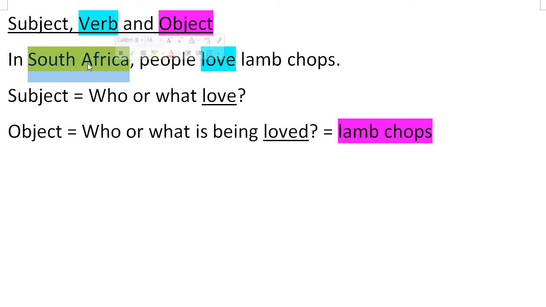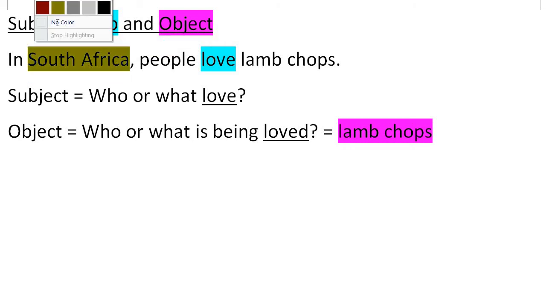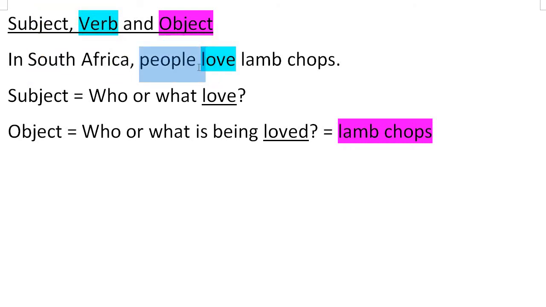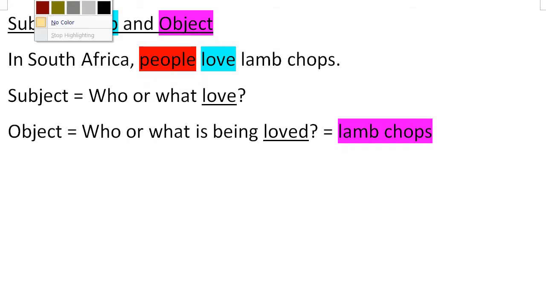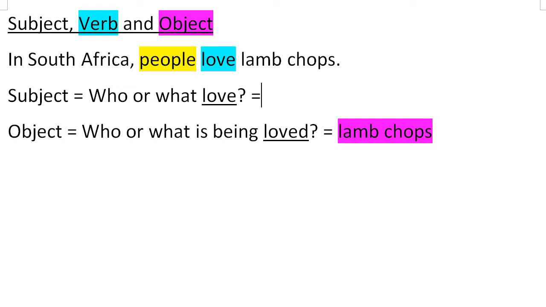So South Africa is just a place where it is happening. The real subject here is your people, okay? Because who or what loves lamb chops? The people love lamb chops, and that will be your subject.